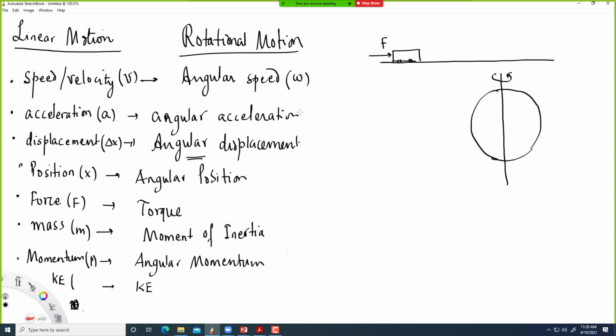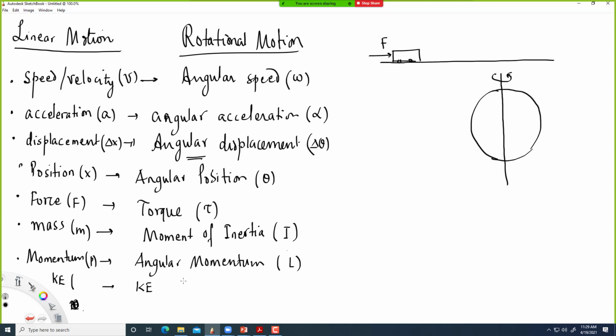Angular acceleration is alpha. Angular displacement is delta theta. Angular position is theta. Torque is tau. Moment of inertia is I. Angular momentum is L, and kinetic energy is just K.